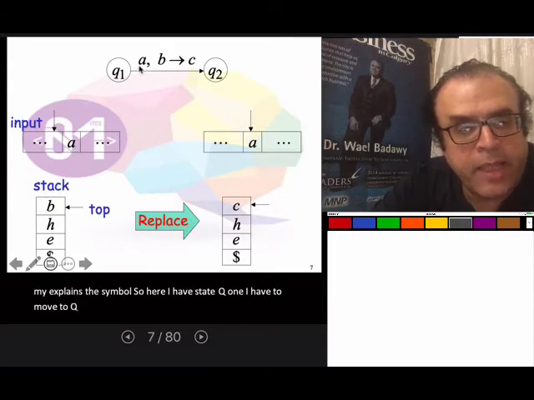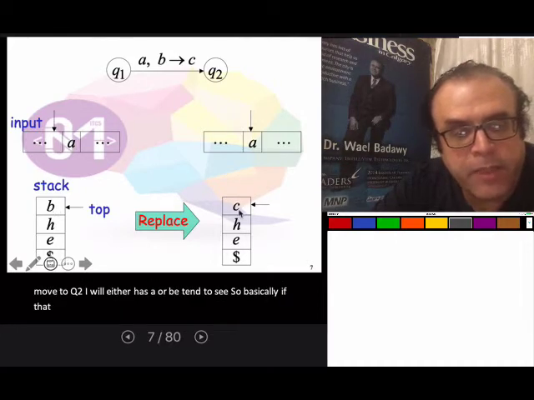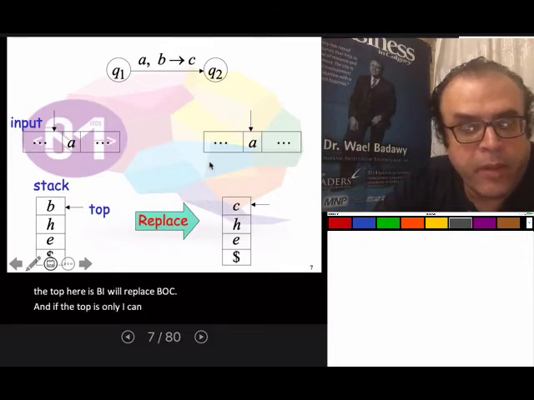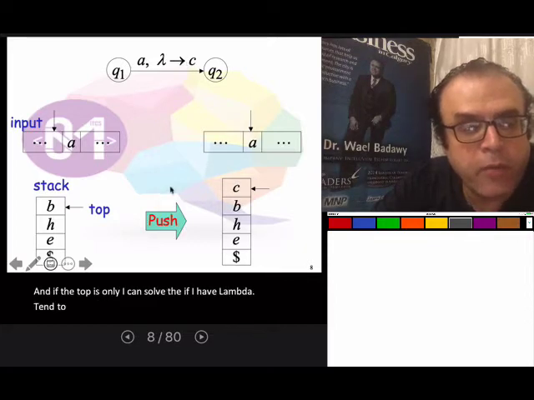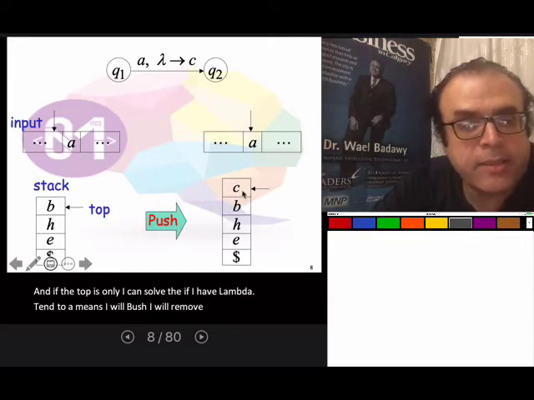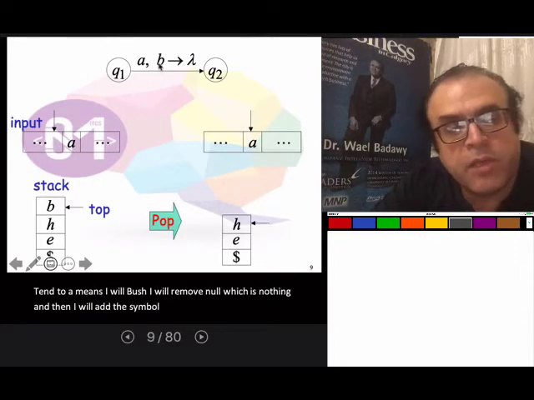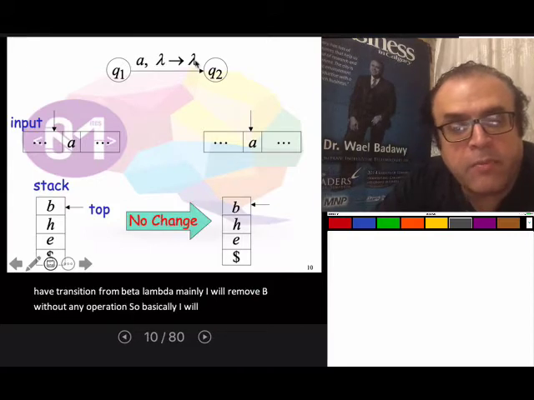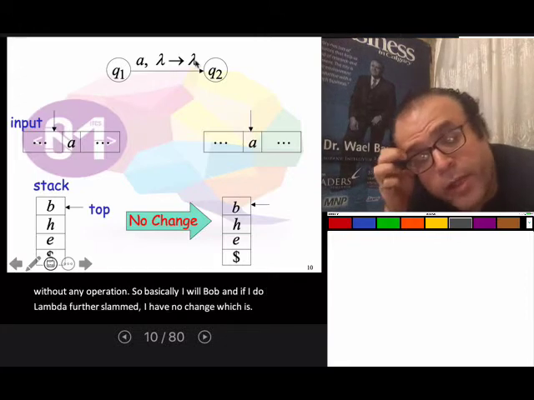It will either have A or B tend to C. So basically, if the top here is B, I will replace B with C, and if the top is only A, I can solve the A. If I have lambda tend to A, it means I will remove null, which is nothing, and then I will add the symbol C. If I have a transition from B to lambda, mainly I will remove B without any operation. So basically I will pop. And if I do lambda versus lambda, I have no change, which is why sometimes you ask, why do you need to have these states?